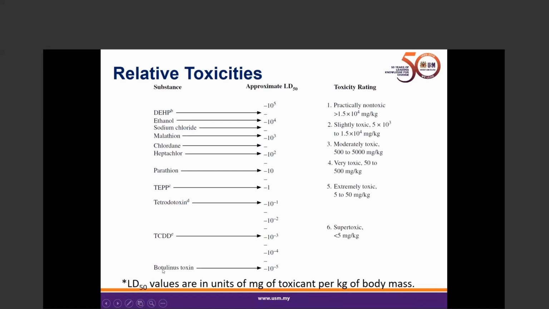And lastly, botulinum toxin is produced by Clostridium botulinum bacteria. It's one of the most toxic substances known, but in dilute form it has many medical uses and is commonly used in Botox treatment to remove skin wrinkles.